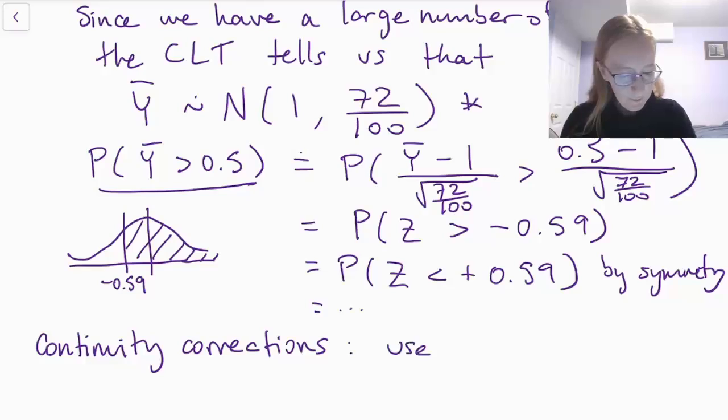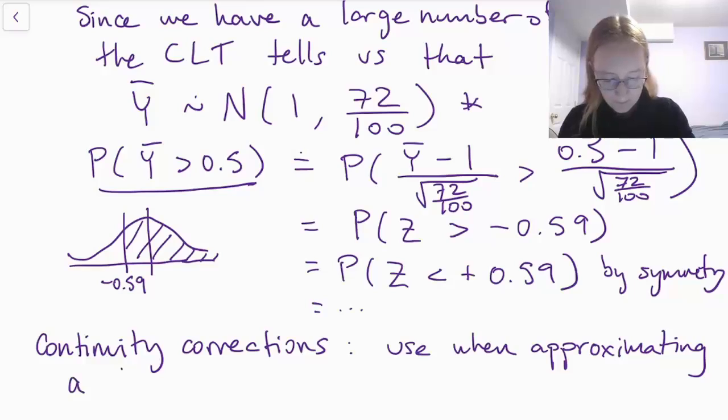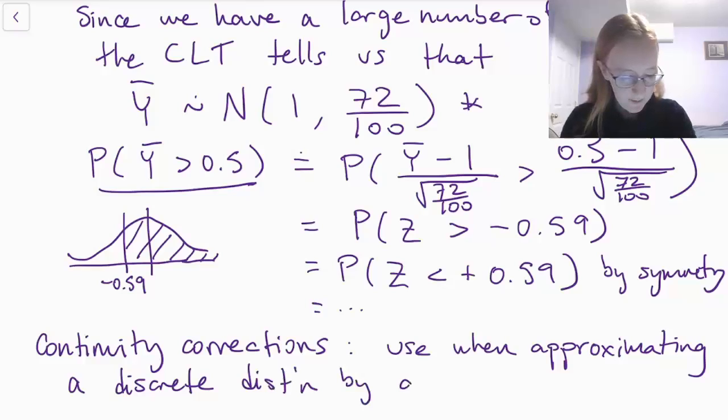You're going to use it when you're approximating a discrete distribution by a continuous one.